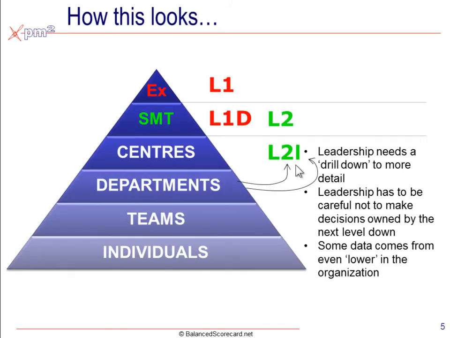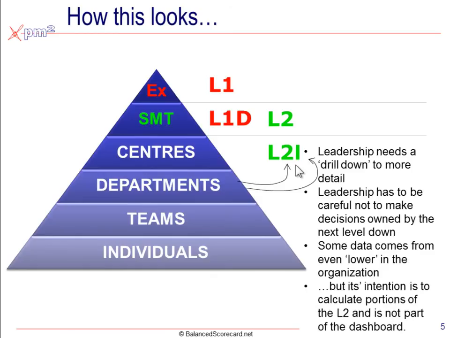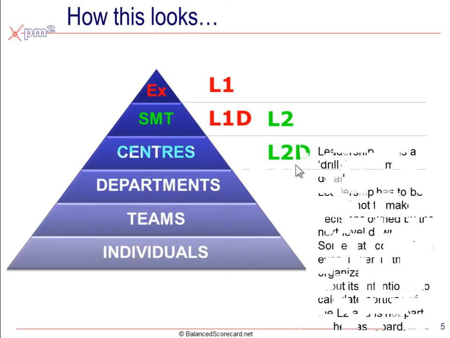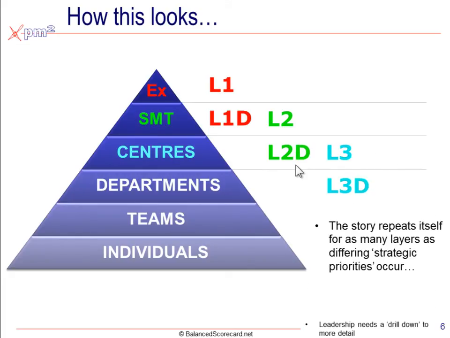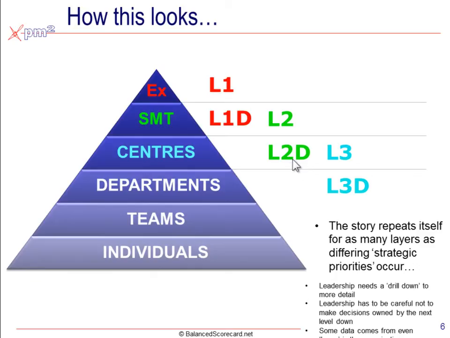And even though they're drilling into data from further down the organization, it's not their intention to make decisions at that level. Now, this structure repeats itself. Depending on the complexity of your organization, it could go down for many, many levels. Again, the concept is everywhere where we have a uniquely defined strategy, we need a new level dashboard, or in this case, scorecard, to describe what's happening.